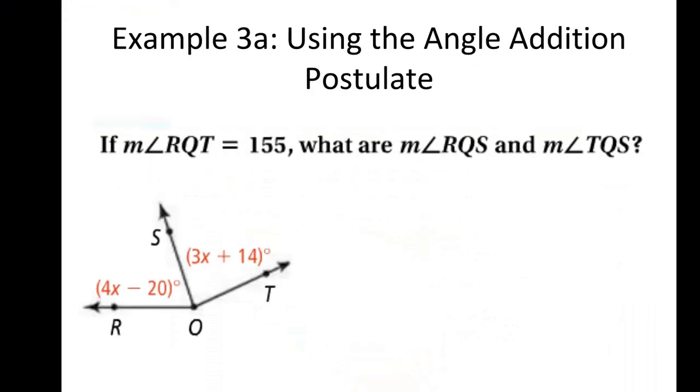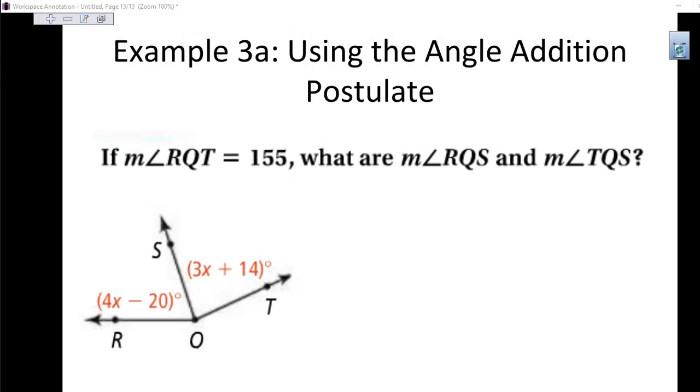So let's look at example 3A. The measure of RQT, this is a Q, is 155 degrees. So the whole thing is 155. What is the measure of RQS and the measure of TQS? These two are going to add up to equal 155.